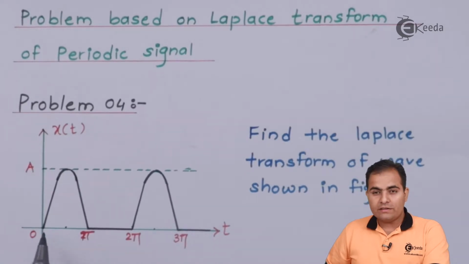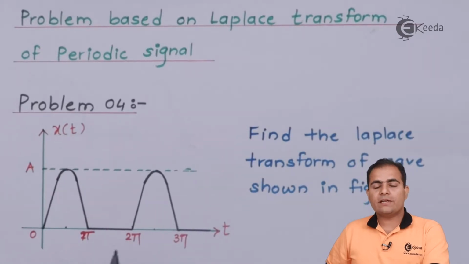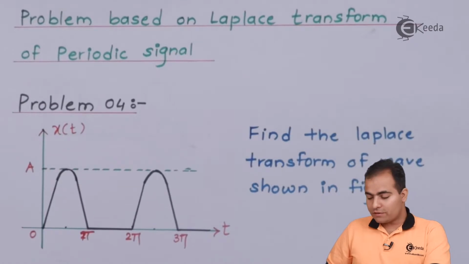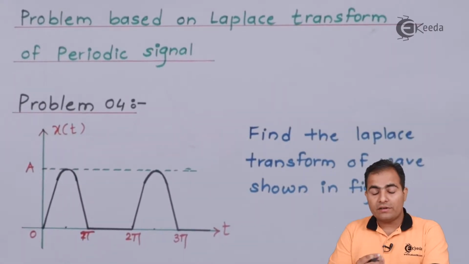In this whole period, 0 to pi carries a positive amplitude of the sine wave, whereas from pi to 2 pi the amplitude is absent, and we have to find out the Laplace transform of such a signal. So first of all, we'll plot the function and write the equation for this question.